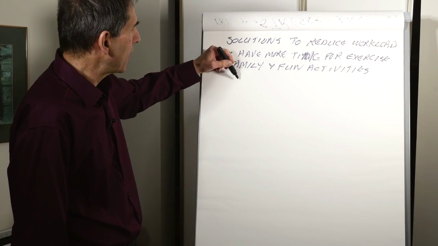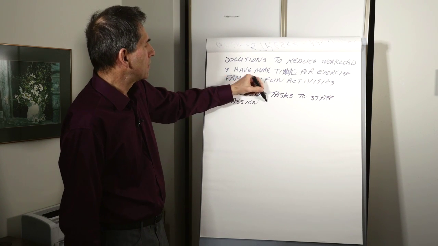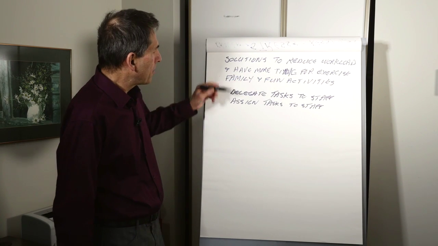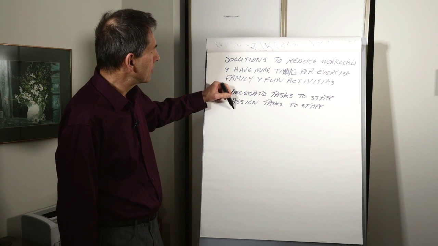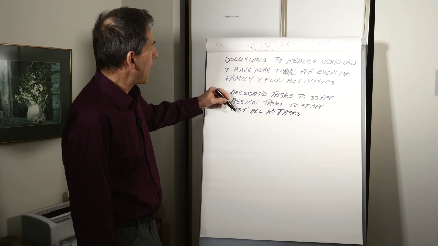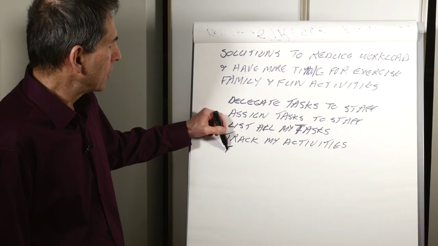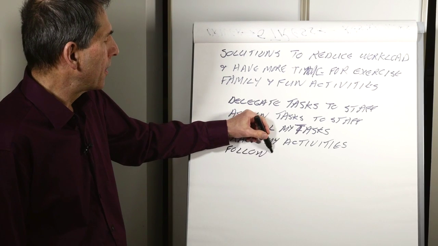So let's say I want to delegate, or I want to assign tasks to staff. But probably before I do that, I want to list my tasks. And to do that, I may want to track my activities. Once I do that, I need to follow up.